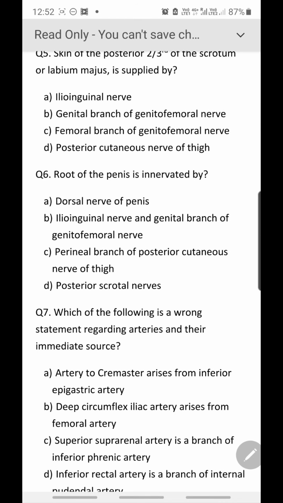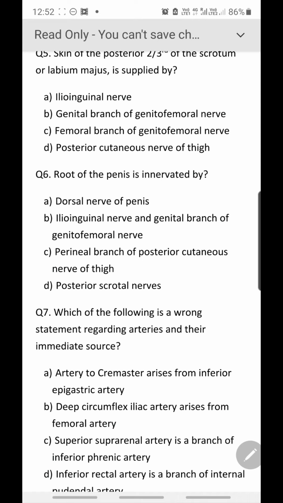Then root of the penis is innervated by dorsal nerve of penis, ilioinguinal nerve and genital branch of genitofemoral nerve, perineal branch of posterior cutaneous nerve of thigh, posterior scrotal nerves, right? So root of the penis actually lies in the anterior 1/3 of the genitalia, right?